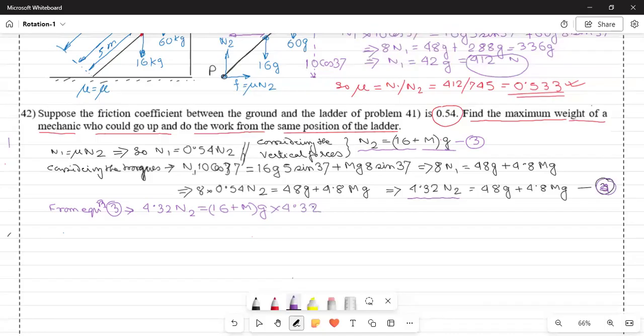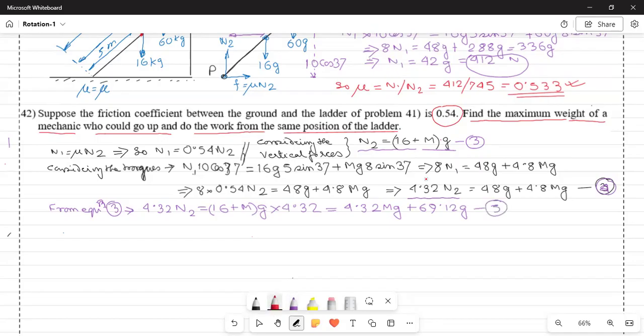This is equal to 4.32 MG plus 16G multiplied by 4.32, which is 69.12 G. Let's say this is equation 5.